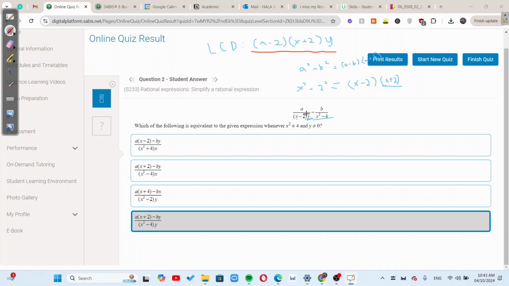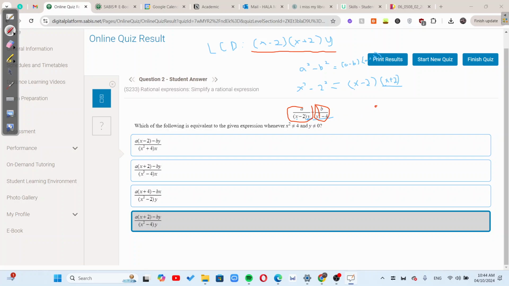Now we need to see what each part, this part and this part, is missing from this in their denominator. Here you have the x minus 2, check, and here you have the y, check. What's it missing? The x plus 2. So we have to multiply the numerator by x plus 2.